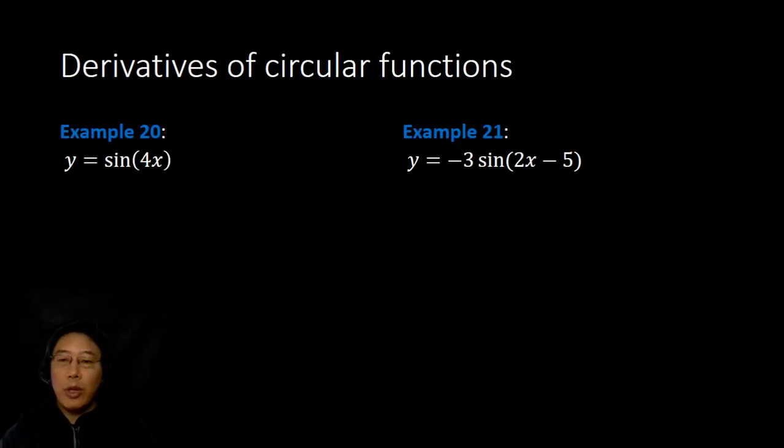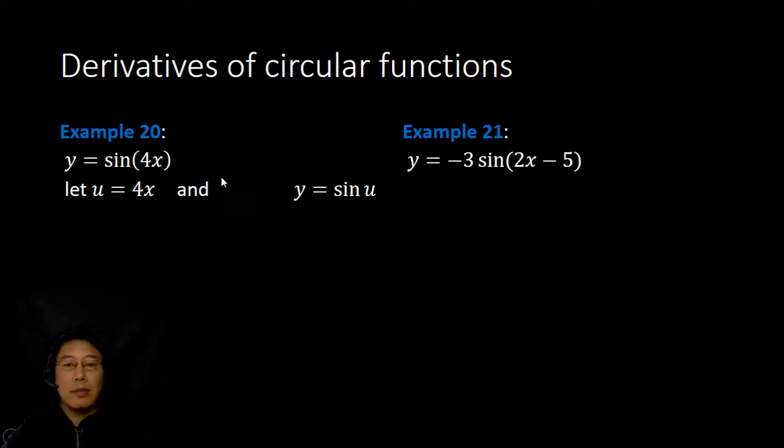Let's look at a few examples. The first example, if you were to apply just the rule from the previous slide, it will be 4 times cos of 4x, but let's break it down using the chain rule. Using the Leibniz notation, we call u 4x, and the sine function is going to be y equals sine of u.